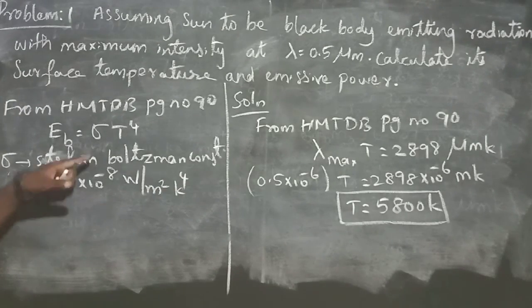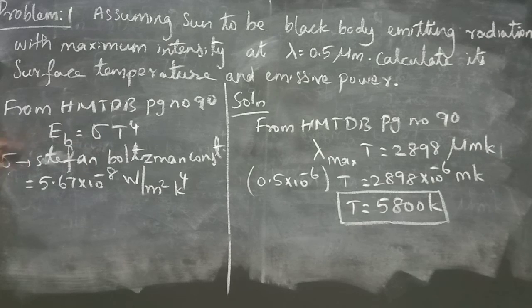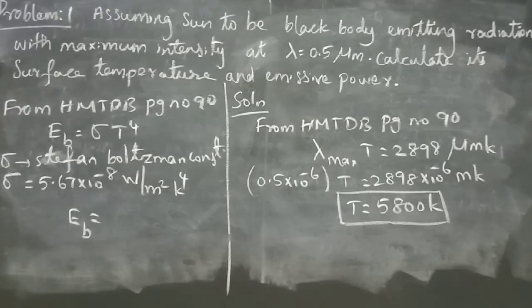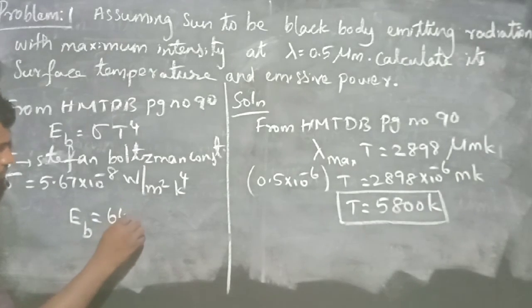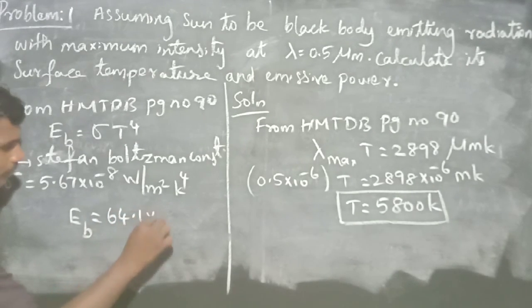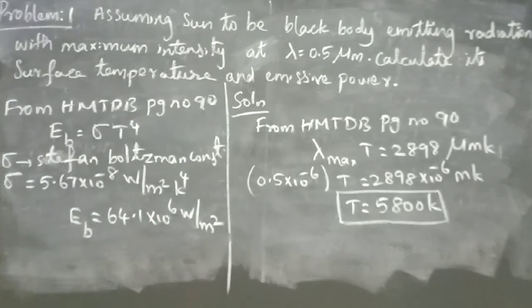Now we substitute the values of the Stefan-Boltzmann constant and temperature and find the emissive power. The value of emissive power is 64.1 into 10 power 6 watt per meter square.